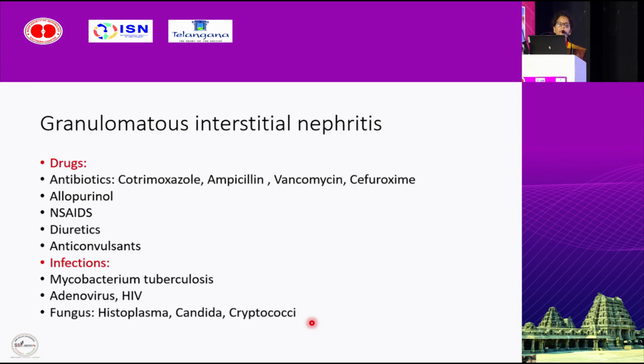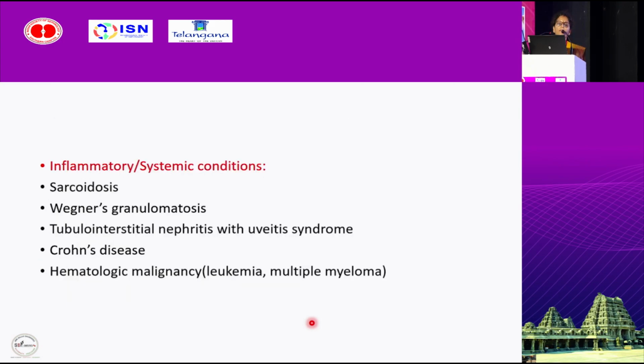In infections like Mycobacterium tuberculosis, adenovirus, HIV infection, fungus like Histoplasma, Candidiasis, Cryptococcosis, and inflammatory or systemic conditions like sarcoidosis, Wegener's granulomatosis, TINU syndrome, Crohn's disease, or any hematological malignancy like leukemia and multiple myeloma. So I thought these pictures would be useful for the students, so I put up this case.